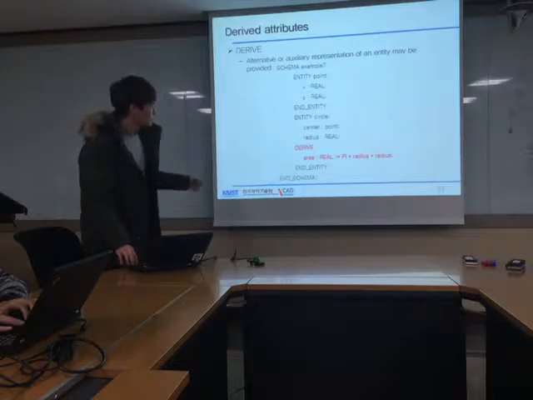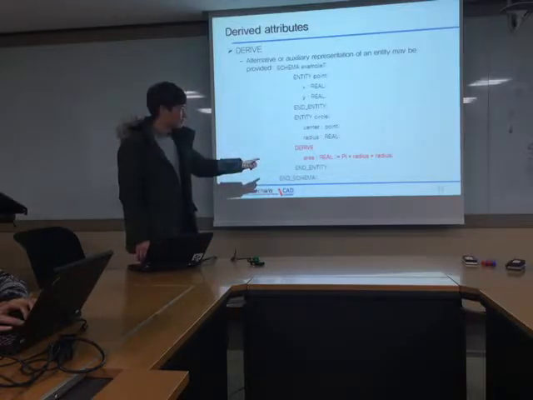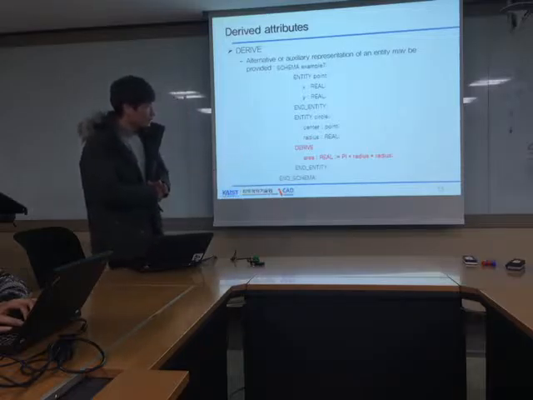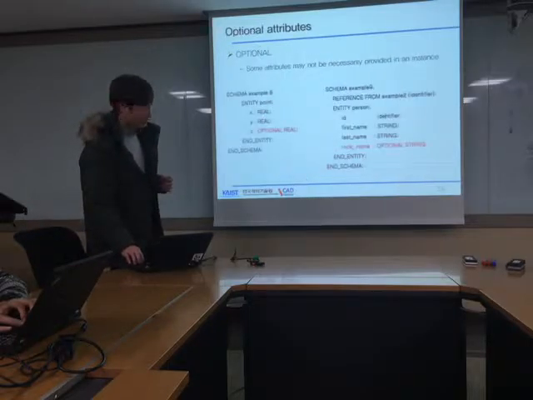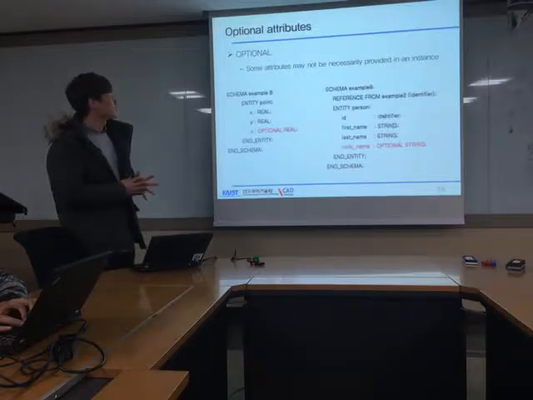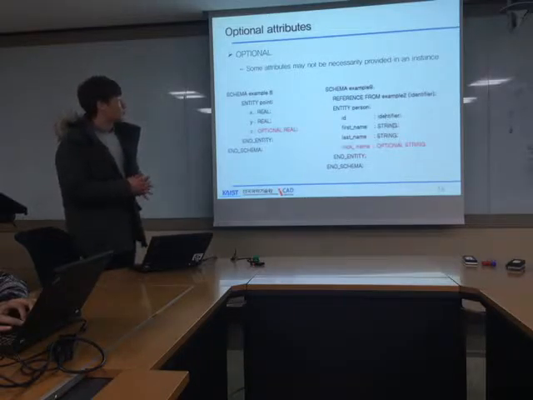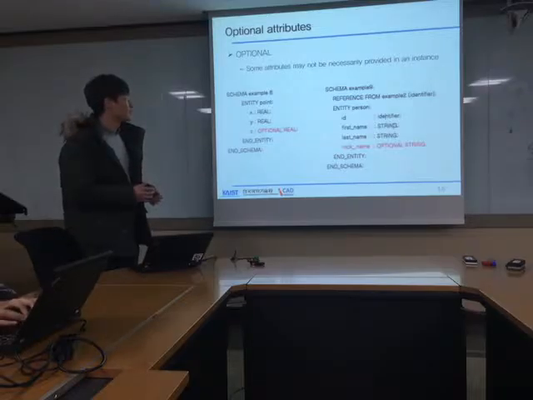As you can see, the area is a real type, and it is defined as pi multiply radius multiply radius. This is optional attributes. Optional means some attributes may not be necessary, so you can provide it in an instance.